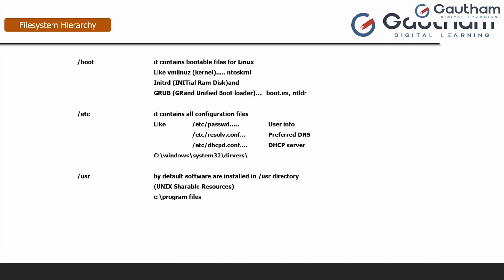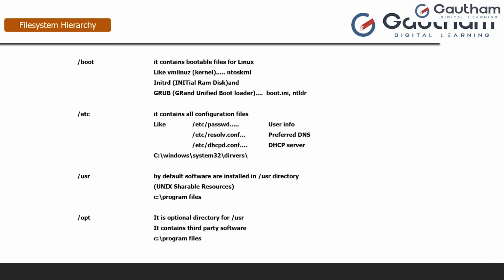USR, also pronounced as user, but better to pronounce it USR, which stands for Unix Shareable Resources. USR contains software. It's the default directory where all your software is installed, usually OS related or OS associated software. Then you have OPT. OPT is an optional directory that contains third-party softwares, right?